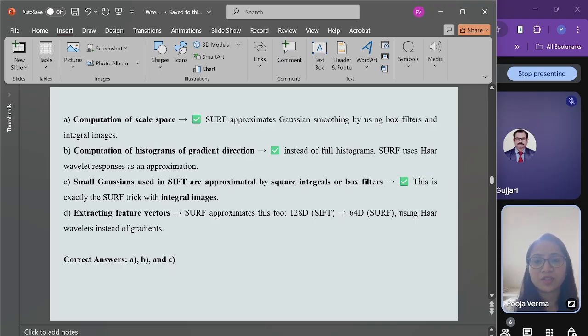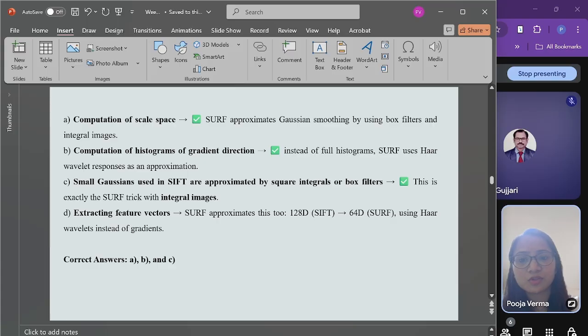So already we have seen in detail what the main steps are. Now, the small Gaussians used in SIFT are approximated using square integrals or box filters. We are using the box filter. This is exactly the SURF trick, to use box filters with integral images. And here it is also a correct one.